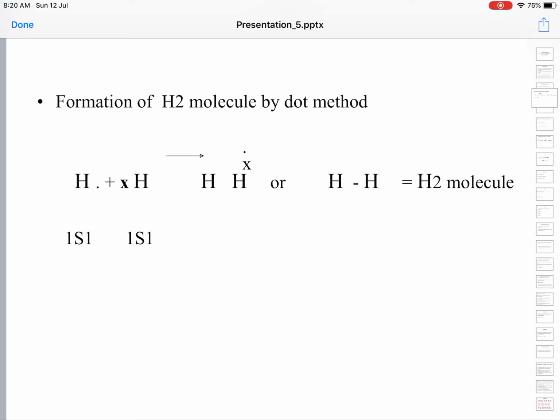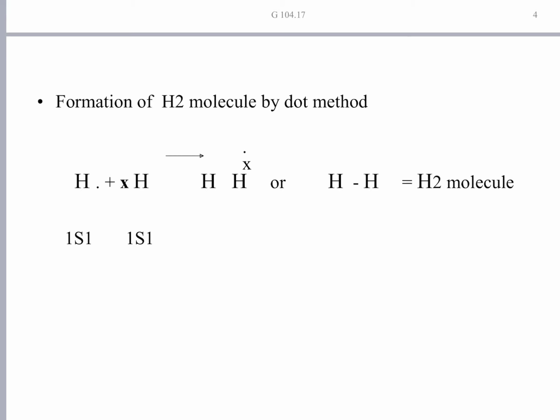So this is what happens. The electron of one hydrogen atom is represented as a dot, and the electron of the other hydrogen atom is represented as a cross. They come together, a dot and a cross, between the two hydrogen atoms.